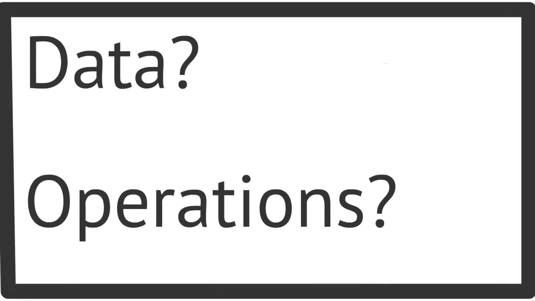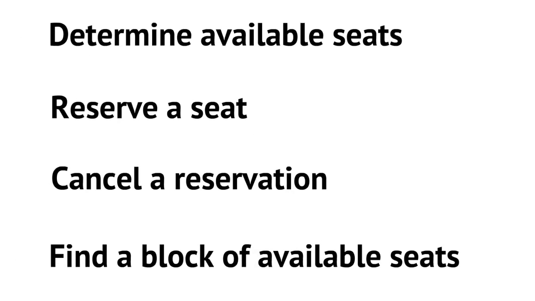For the data, we would need to be able to represent the seats, maybe as being reserved or available. For the operations, we would need to be able to determine the available seats, reserve a seat, cancel a reservation, maybe find a block of available seats.